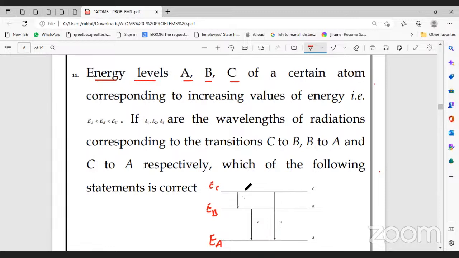Whenever the electron takes a transition, the wavelengths emitted are: lambda 1 when it comes from C to B, lambda 2 when it comes from B to A, and lambda 3 when it comes from C to A. Which of the following statements is correct?